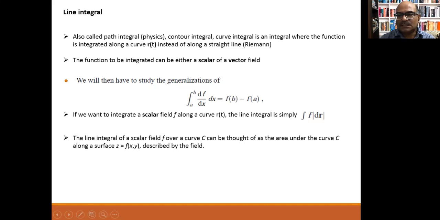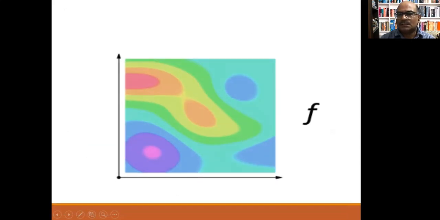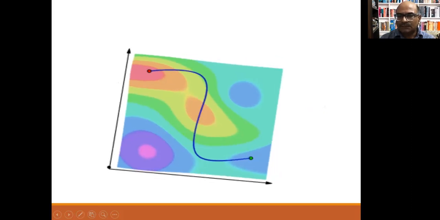And we can say that, okay, whatsoever the value of the area enclosed by that curve along that surface, the surface is, suppose, f(x,y) in the direction of z, and it is described by that field. So we can see over here, suppose this is a function f, and we are having 2 points A to B, and this is the path along which we have to move.